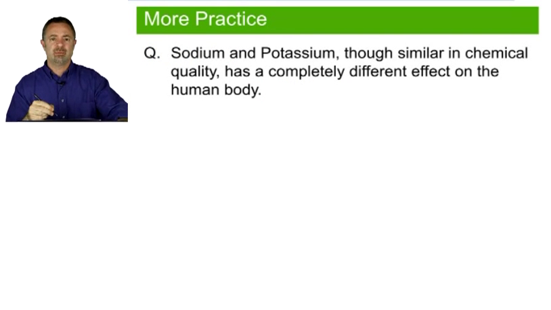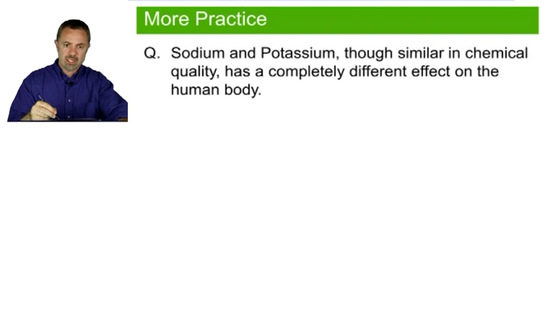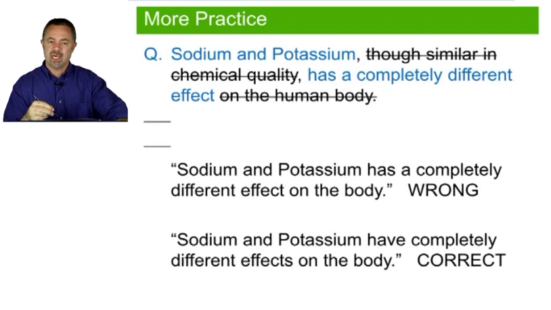Yet another example. Sodium and potassium, notice compound subject. Sodium and potassium, though similar in chemical quality, has a completely different effect on the human body. Well, cutting this language here, what do we have? Again, we have our compound subject, sodium and potassium, has, which is a singular verb, which is incorrect.